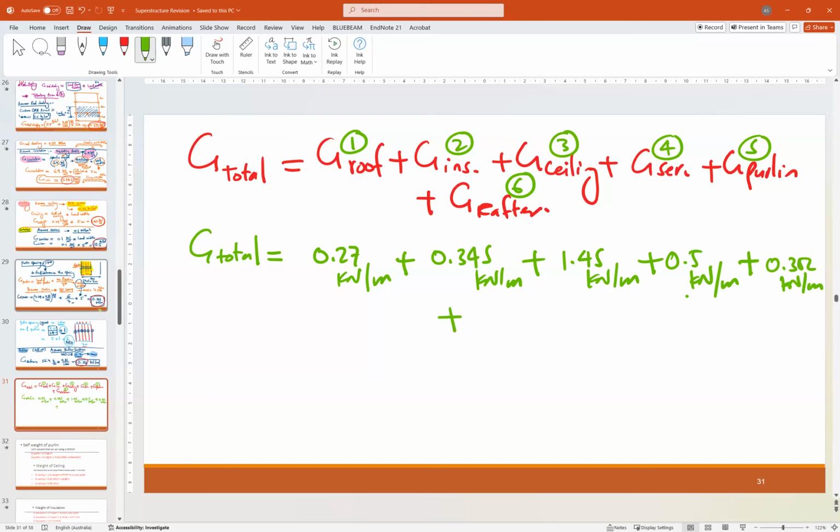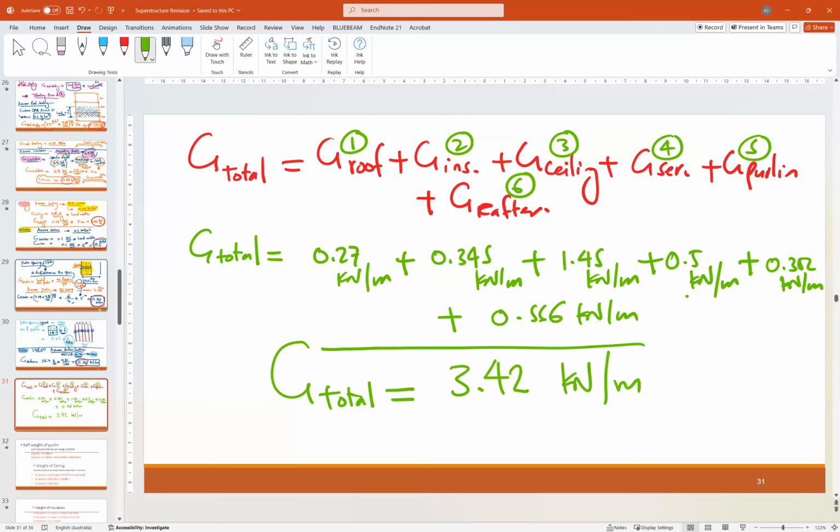And finally, the rafter is 0.556 kilonewton per meter. So G total equals the summation of all of that: 0.27 plus 0.345 plus 1.45 plus 0.5 plus 0.302 plus 0.556 equals 3.42 kilonewton per meter. So the dead load on beam B1 is 3.42 kilonewton per meter.